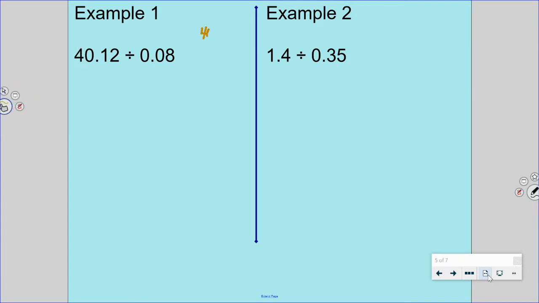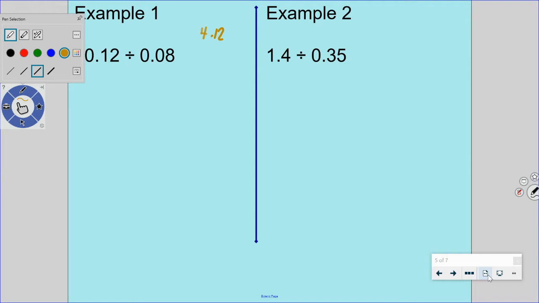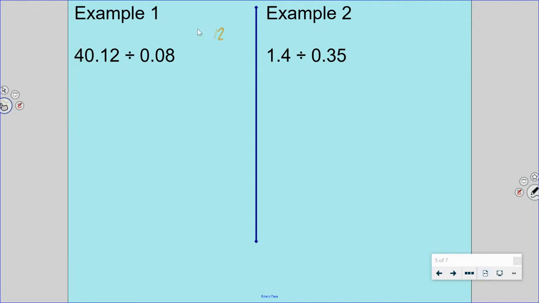If I were to write this division, 40 and 12 hundredths divided by 0 and 8 tenths, as a quotient, I want you to recognize one thing: if I asked you to multiply times 1, we're not really changing anything, are we? What I could do, however, is say, well, 1 whole is the same as 10 over 10. Why does that help us?